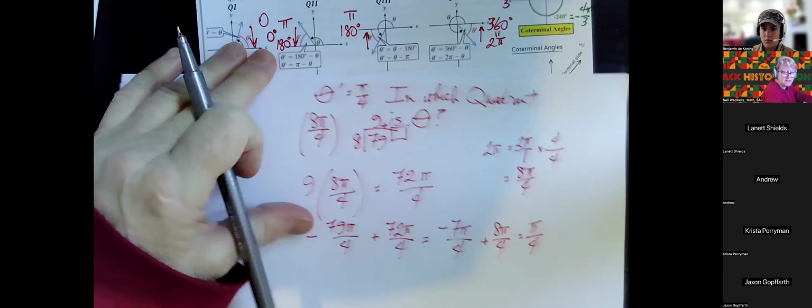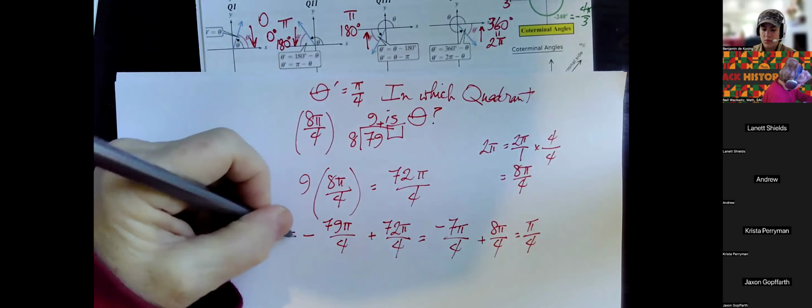We want a coterminal angle between 0 and 2 pi. So in which quadrant is theta if theta is negative 79 pi over 4? What did we just determine?